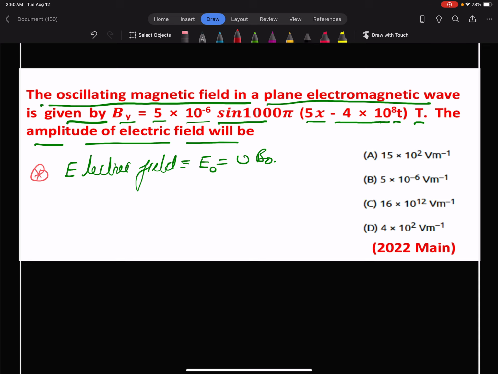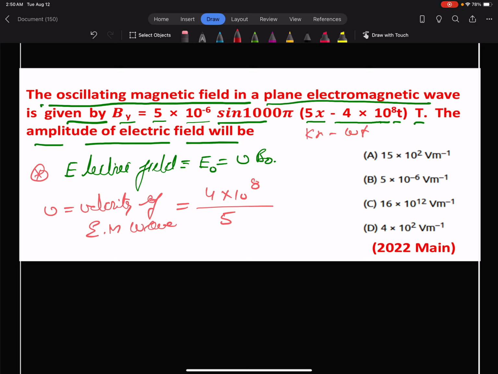So for our velocity V of the EM wave, this will be equal to 4 into 10 to the power 8 divided by 5, since this is our kx minus omega t, and this comes to 8 into 10 to the power 7.